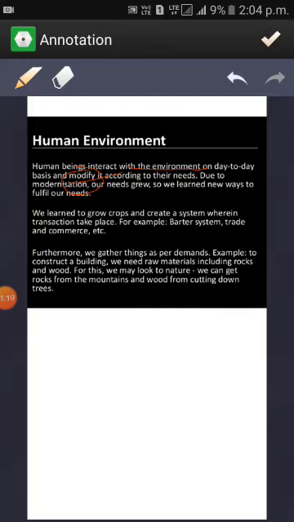Due to modernization, our needs grow, so we learn new ways to fulfill our needs. In other words, a human being interacts with its environment, with the domain of land, the domain of air, the domain of water, in order to fulfill its needs.